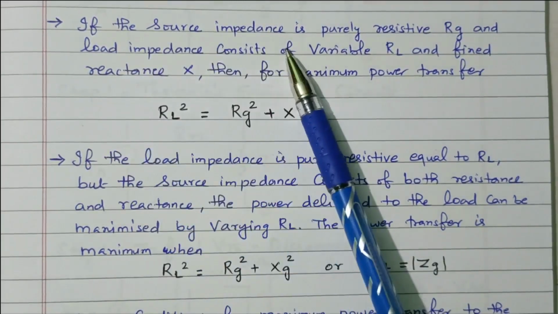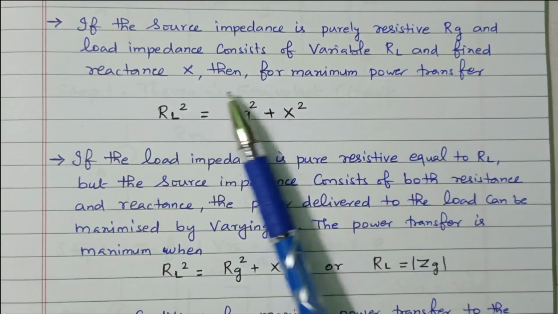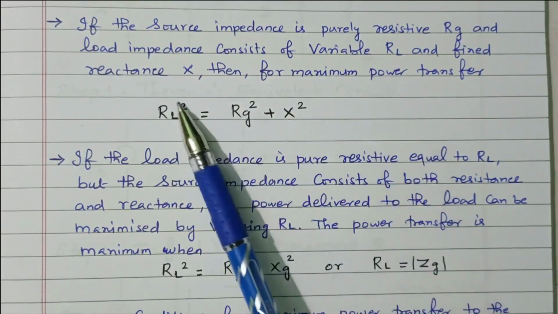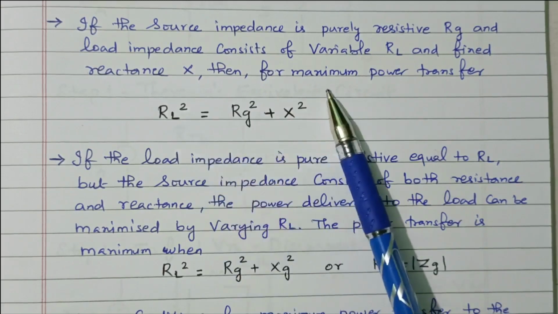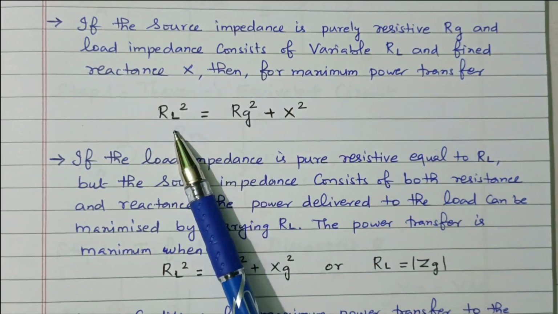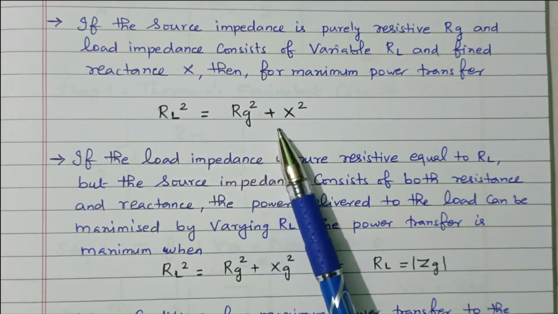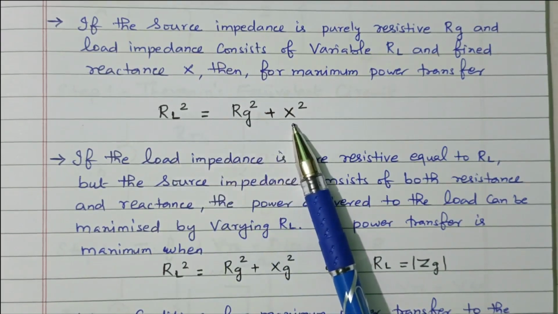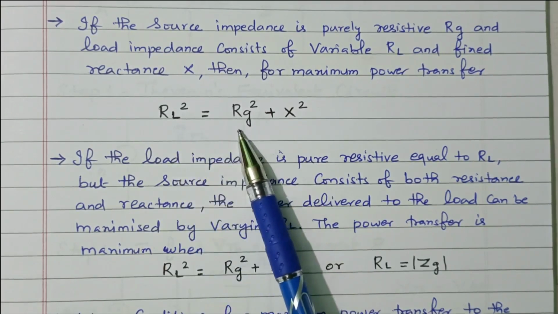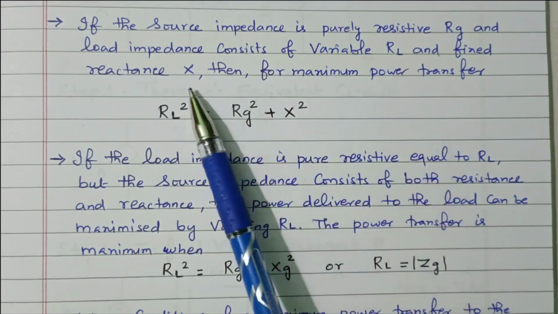If the source impedance is purely resistive and the load impedance consists of a variable RL and a fixed reactance X, then maximum power transfer occurs when RL square equals Rg square plus X square, right? The source has only resistance, and the load impedance consists of RL as well as reactance.